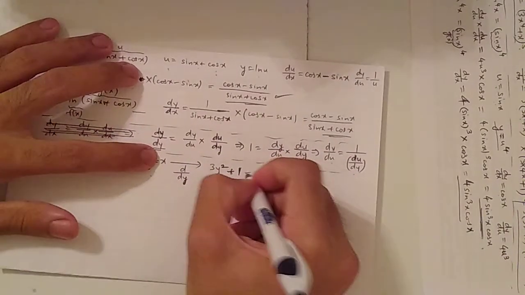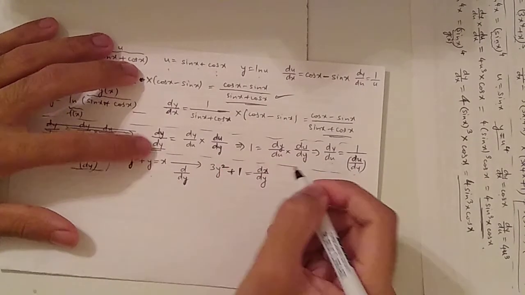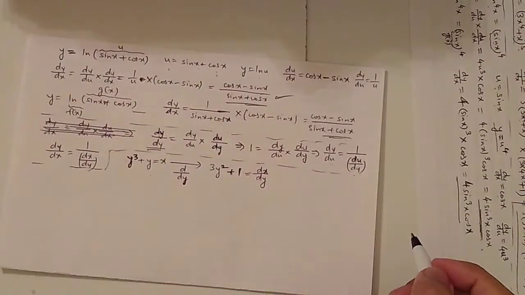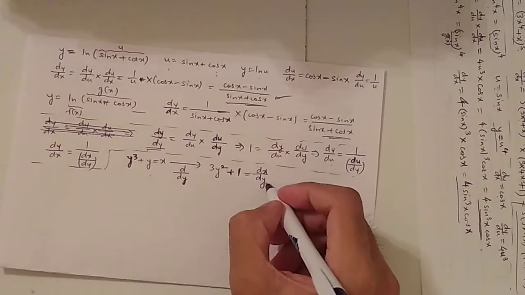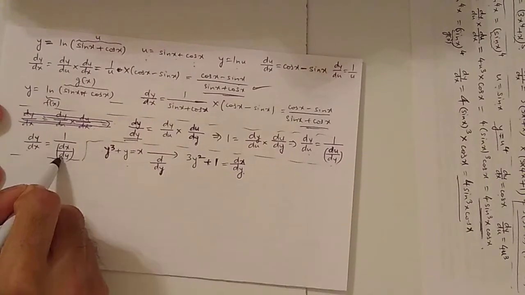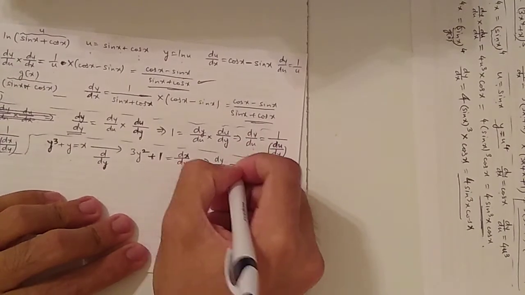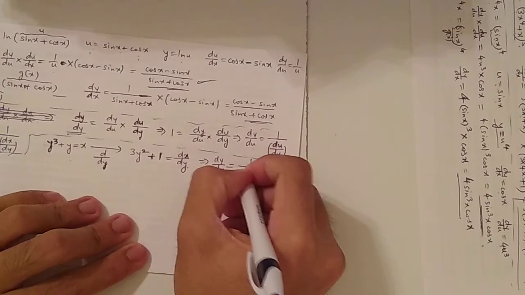And the derivative of x is dx by dy. Since the derivative of x is dx by dy, now you can use the chain rule, dy by dx equals 1 by dx by dy, and we can find that dy by dx is equal to 1 by 3y squared plus 1.